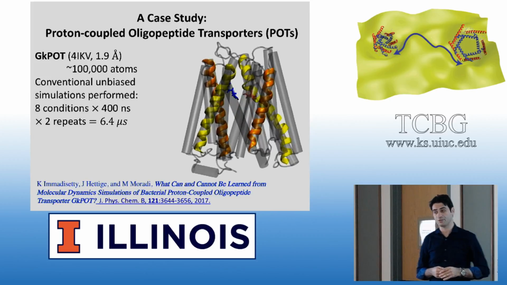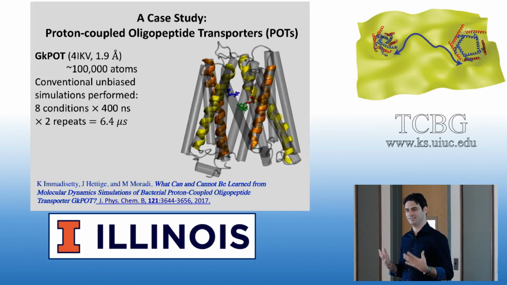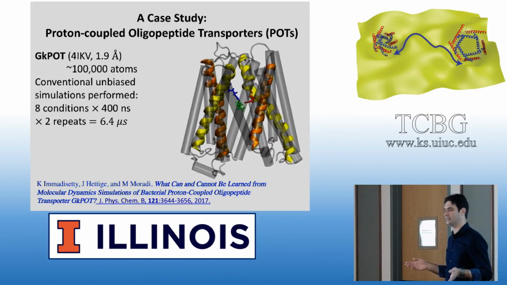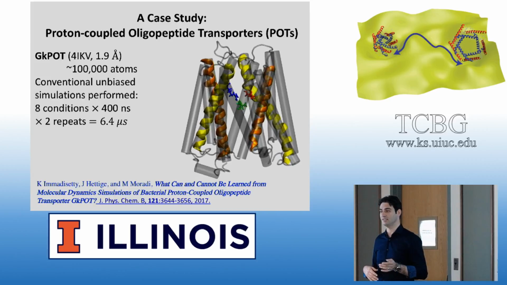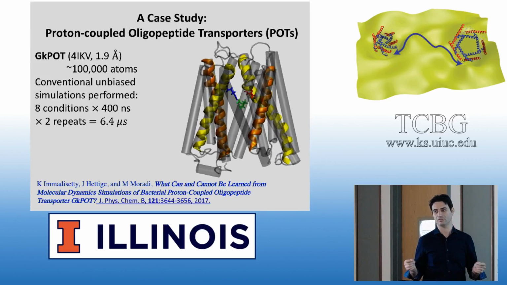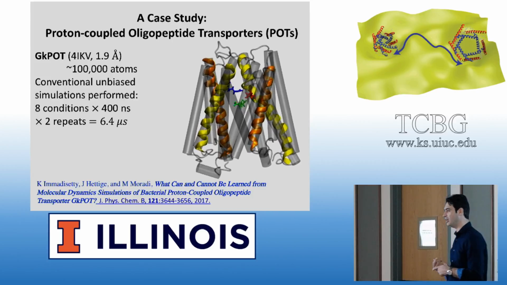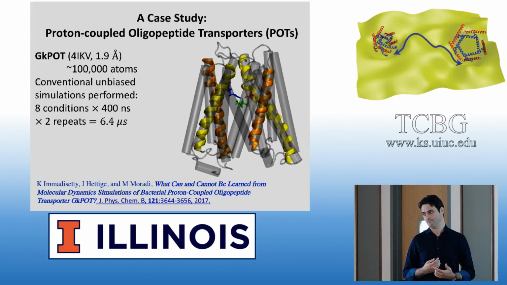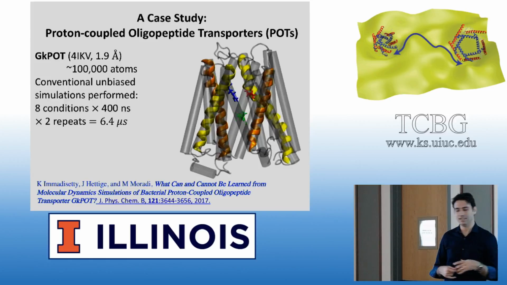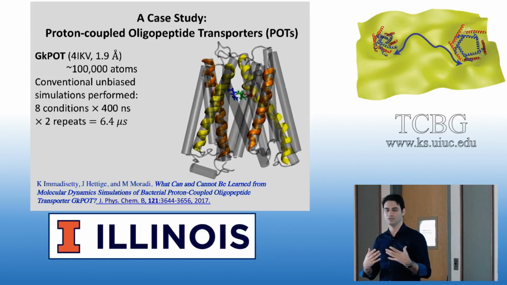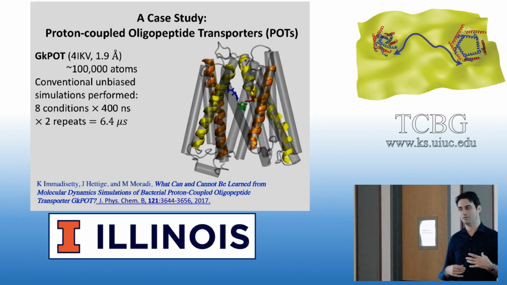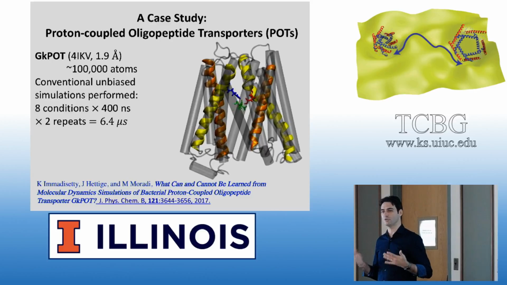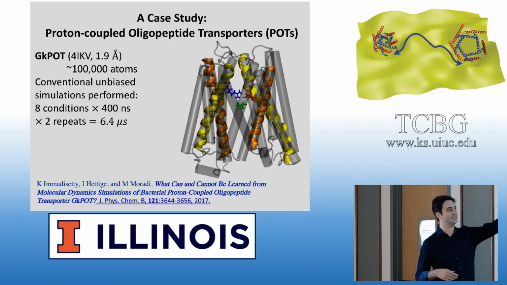And one thing we know about this protein is it's actually a promiscuous transporter, in the sense that many different dipeptides and tripeptides can be transported by this, although the affinity is not the same for all. So we also want to understand the substrate specificity and promiscuity. So we try to model this protein with 3 different dipeptides, and also with and without the proton. So we had 8 different conditions.